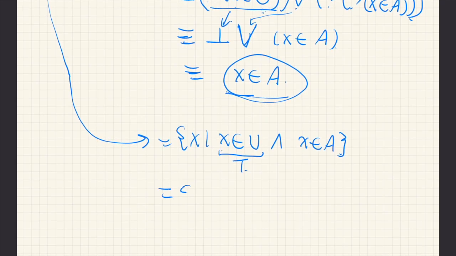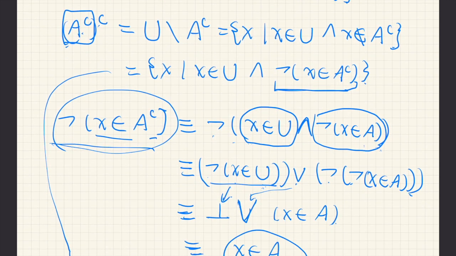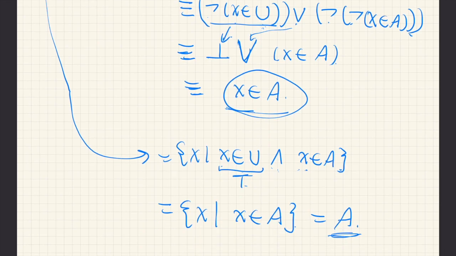So this is always true. So we can just remove it from this and connection, and the result is x belongs to A. So that is A. So the complement of A complement is equal to A.